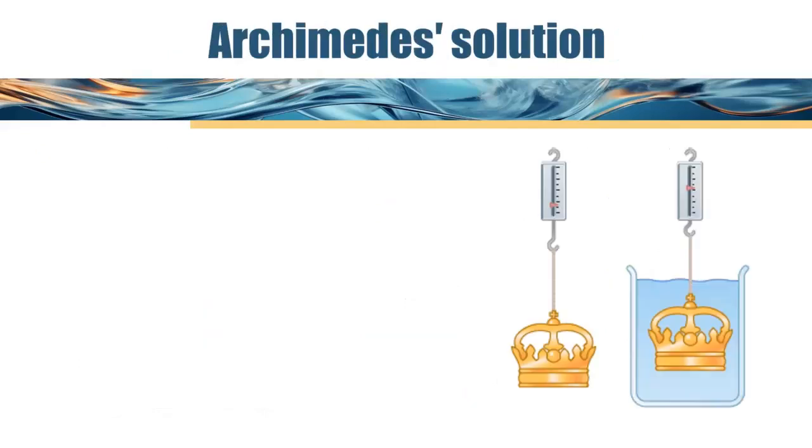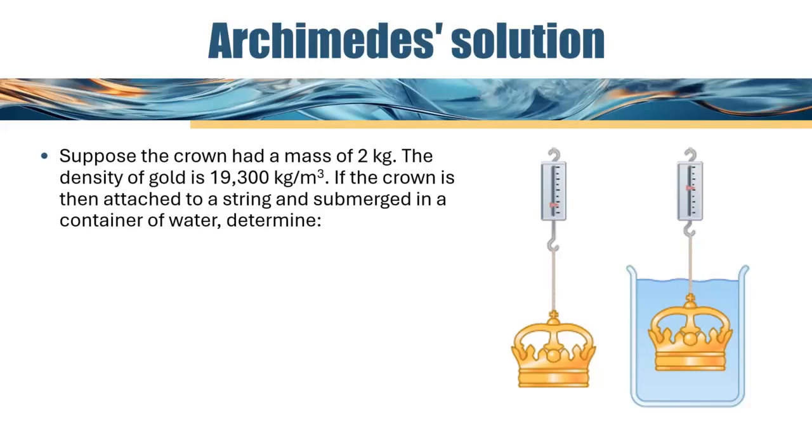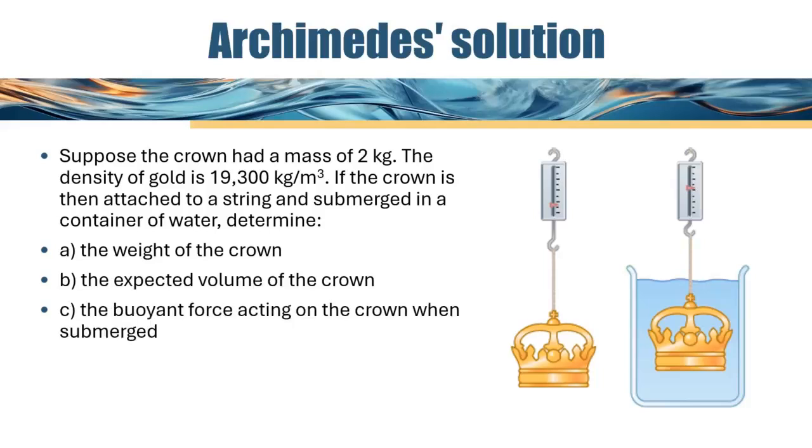This may not have been exactly what Archimedes did, but this is one possible way to determine if the crown was made of pure gold. For example, suppose the crown had a mass of 2 kilograms. The density of gold is 19,300 kilograms per meter cubed. If the crown is then attached to a string and submerged in a container of water, we could calculate all of these things.